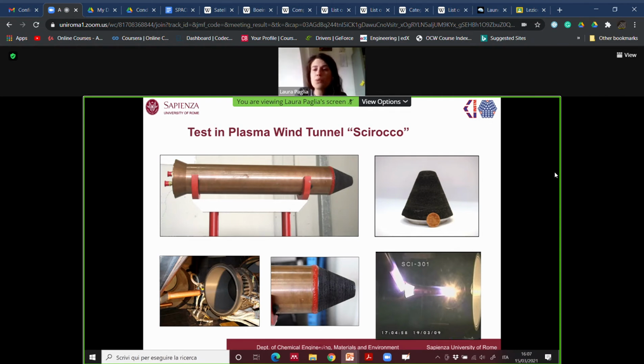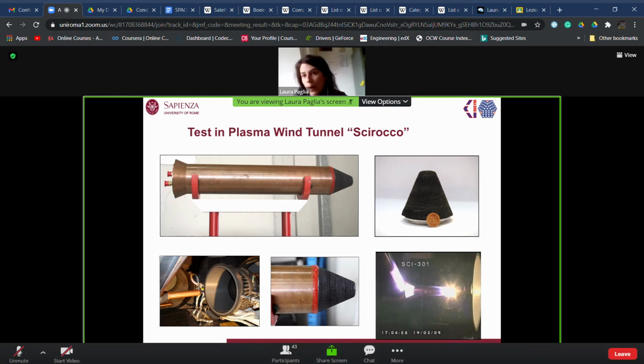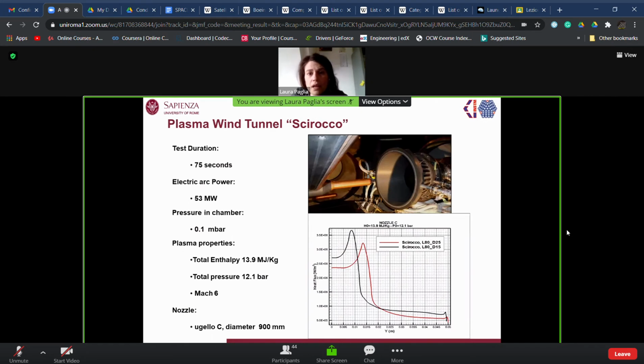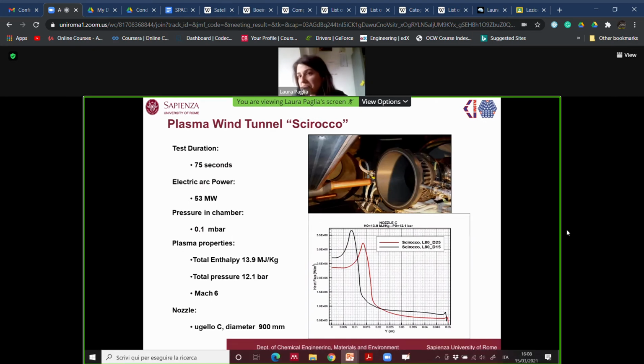Okay, it was tested at 2.5 megawatt per square meter, and it was quite a good success. Obviously, when I test a material in this condition, I say it was tested at 2.5 megawatt per square meter.